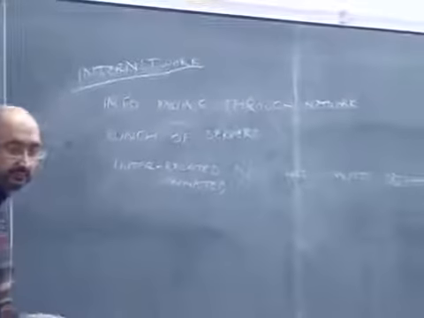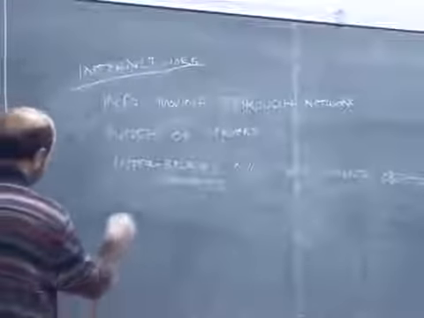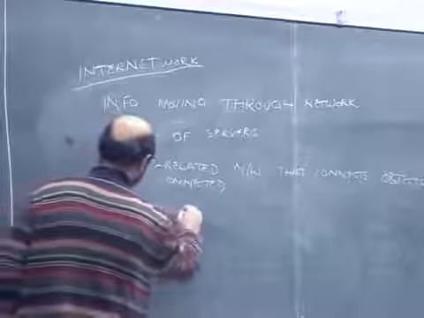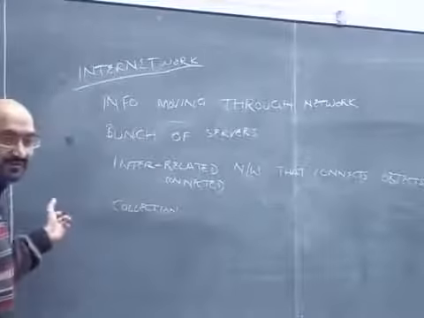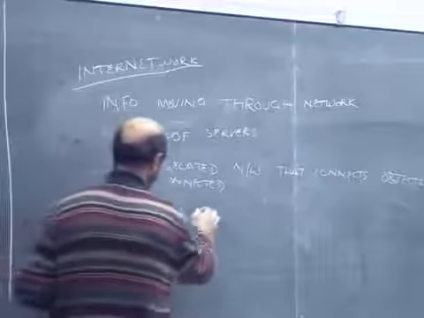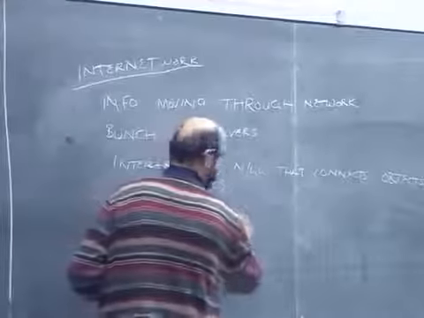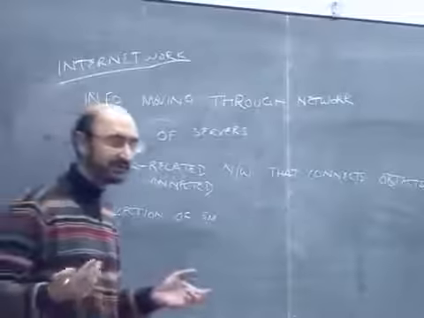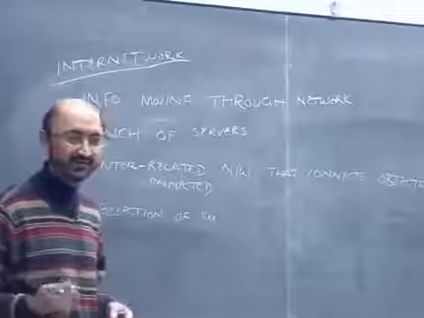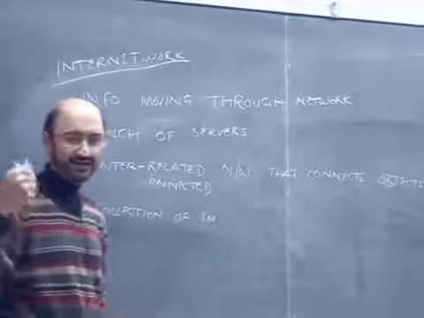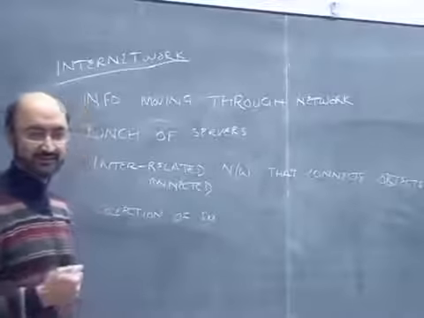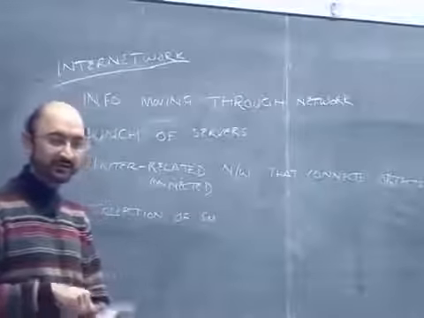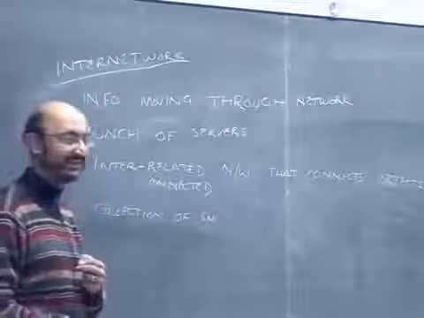Anybody else want to refine this? Yes? A collection of smaller networks. Oh, great. And when do you bottom out on this, by the way? What is a network? There's this story about a professor of physics who's giving a lecture, and at the end, any questions, and a little old lady says, I think the earth is on turtles, standing on turtles. He said, really? And what's a turtle standing on? She says, another turtle. Where's that standing on?